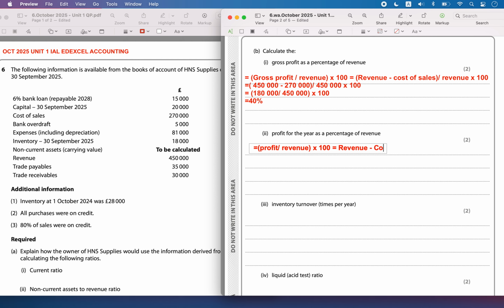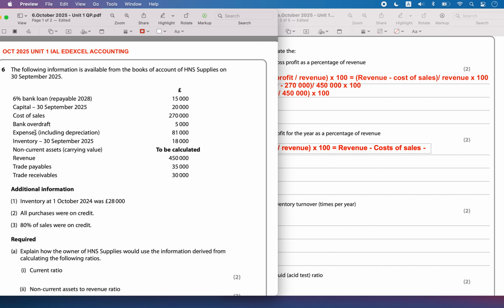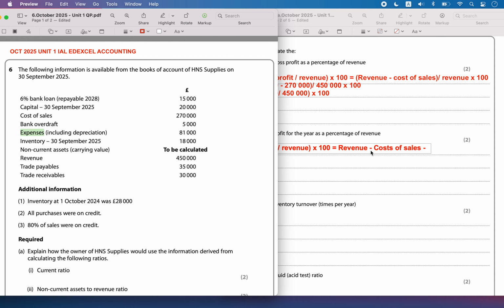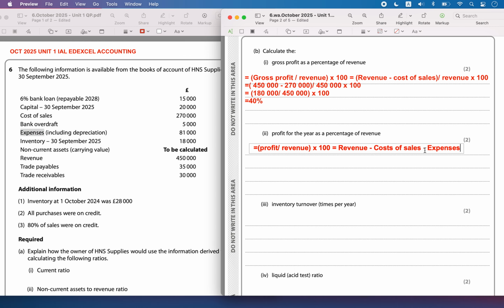That is revenue minus cost of sales, minus the expenses. Once you deduct the expenses, you get the profit, and you divide it by revenue and multiply this entire thing by 100.